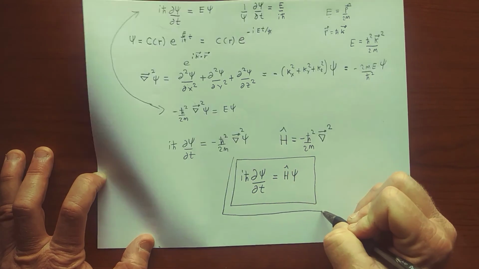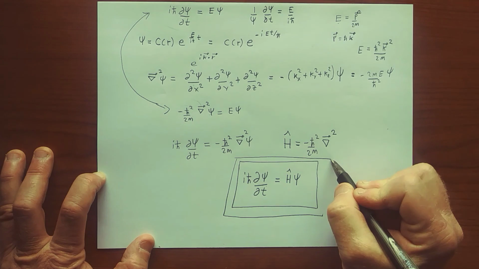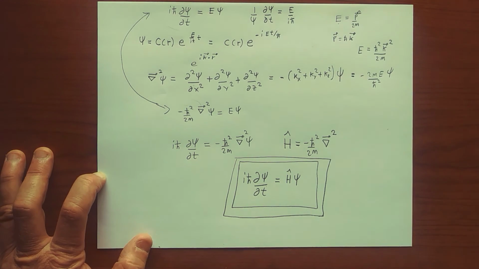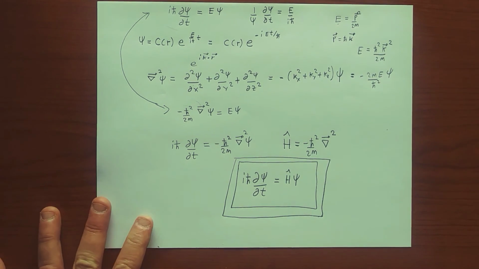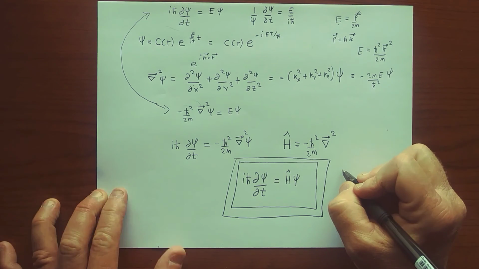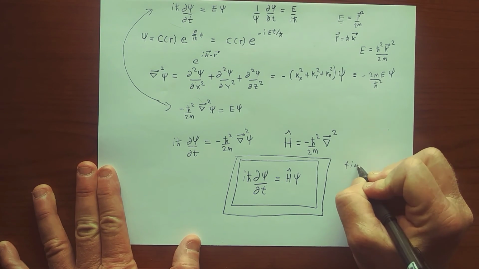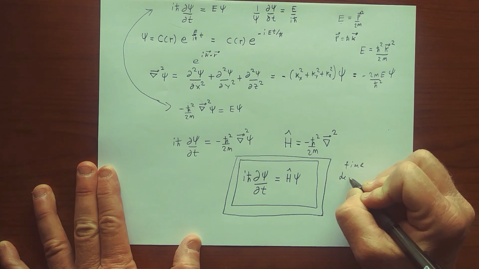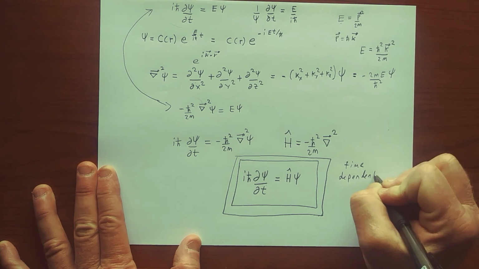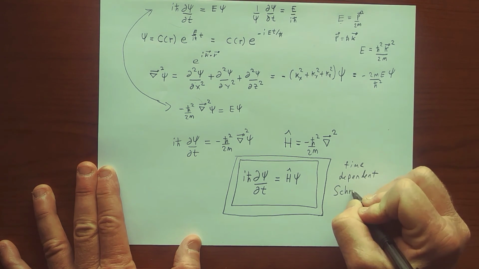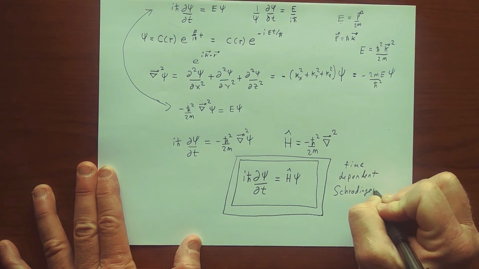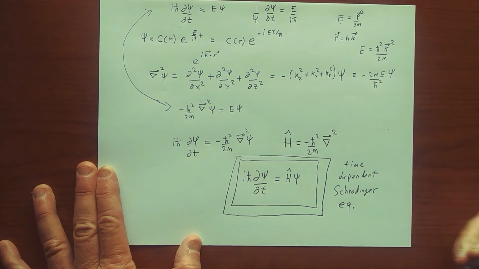So this is our full equation. It's called the time dependent Schrodinger equation.